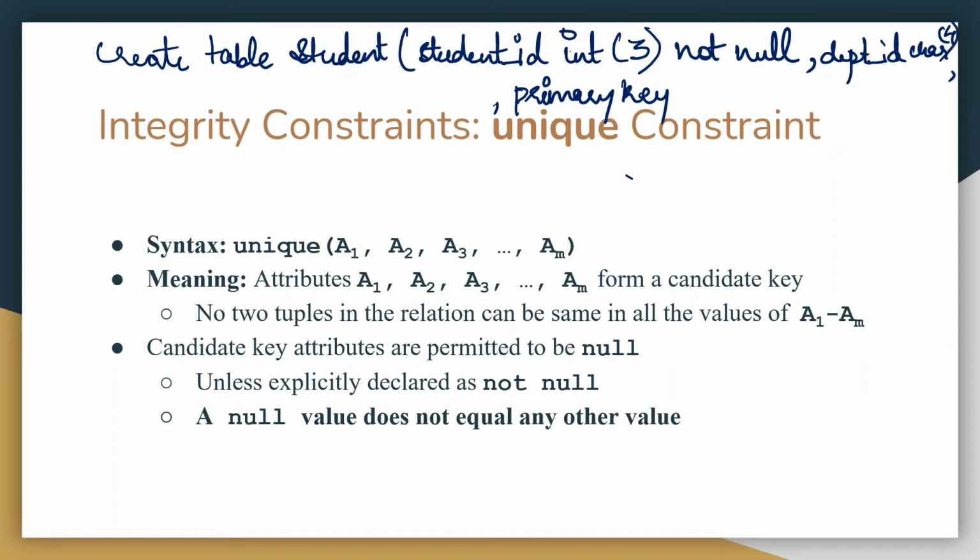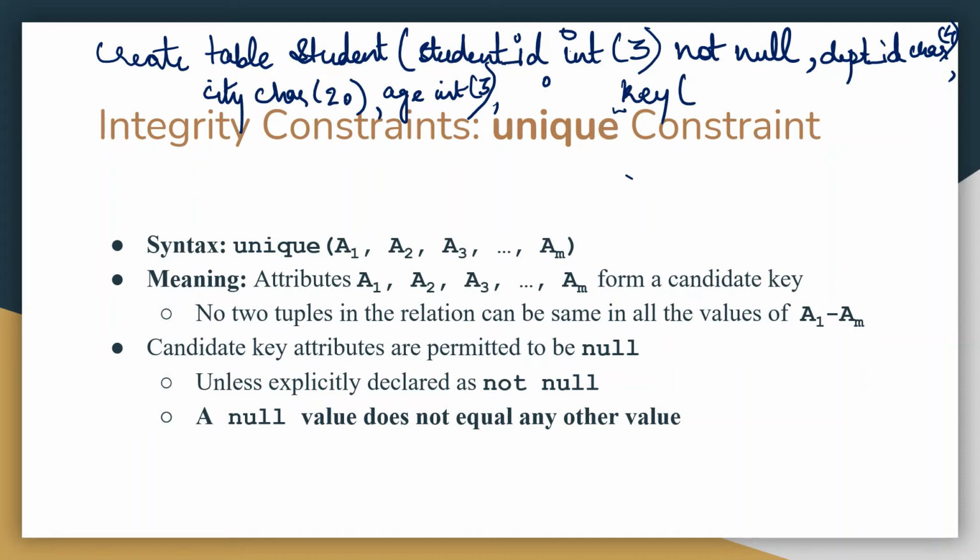Then student ID, department ID, what else? I would say city, let's say, and then I say char 20. Age, yeah, we can store the age as well, might be useful in some cases, I don't know. Maybe we can say 3, right? And then we say primary key, so there is a space between them.